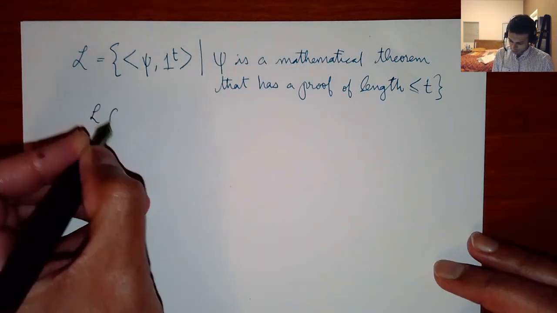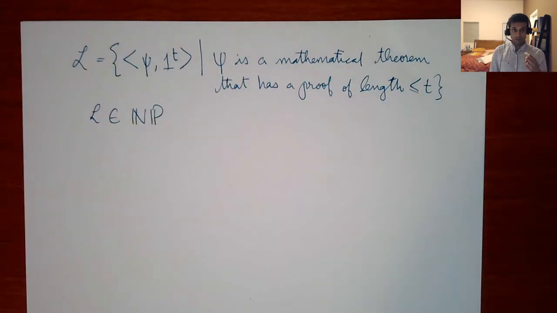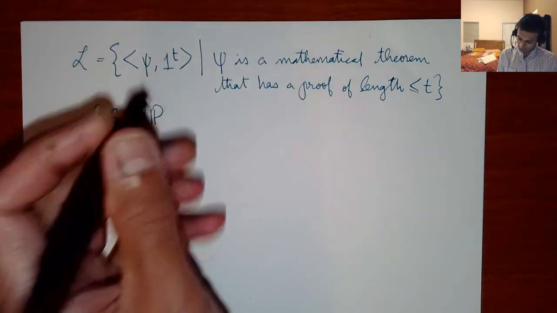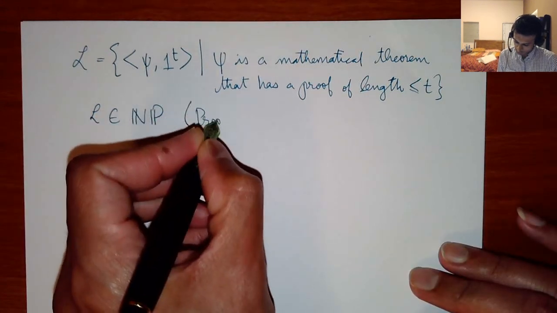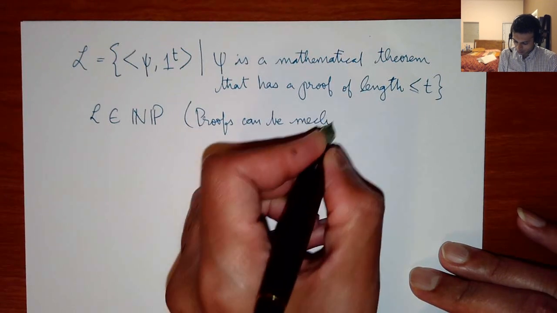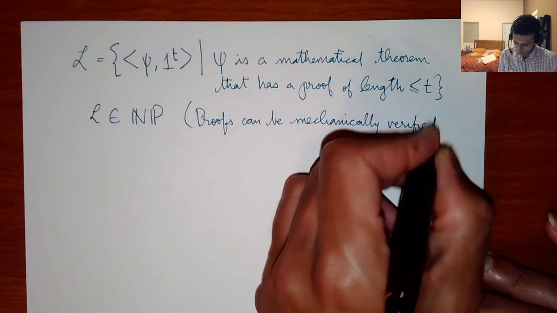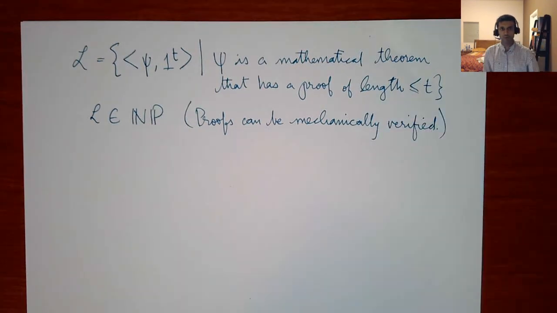And you can convince yourself that L is in NP, because the certificate is the proof, and a proof can be mechanically checked. And this is how Gödel got into this. Proofs can be mechanically verified. You can always check a proof by just making sure that it goes from one statement to the next, following the rules of logic. And all of that can be mechanized.